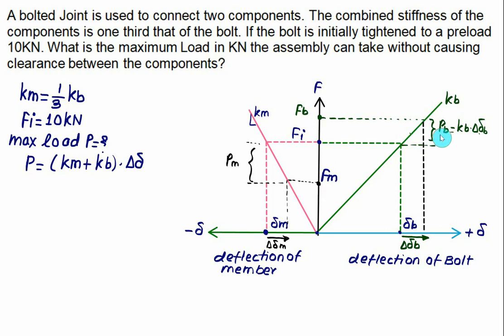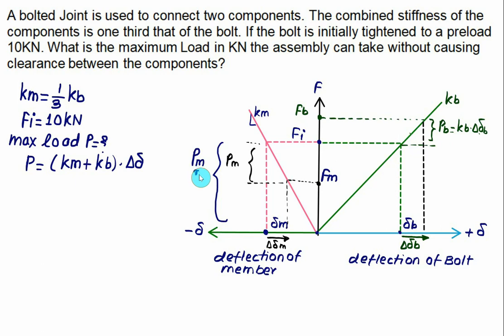The value of Pb plus Pm together will be equal to P. If we have a maximum value of P, in that case the Pm contribution will increase and the Fm value will become 0, that is, come to the origin. So this one represents the maximum value of the contribution due to the member.